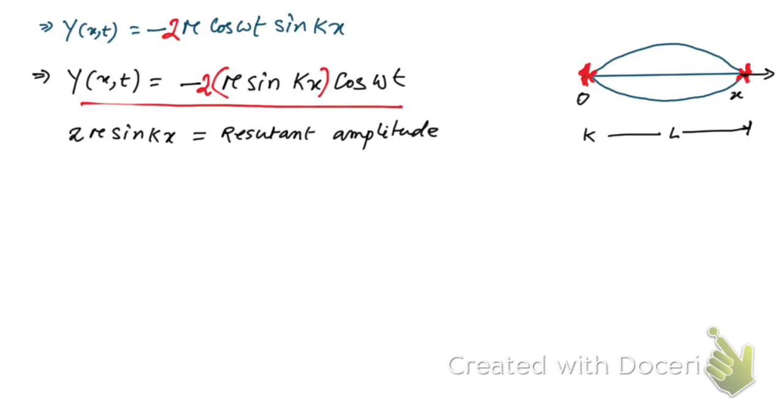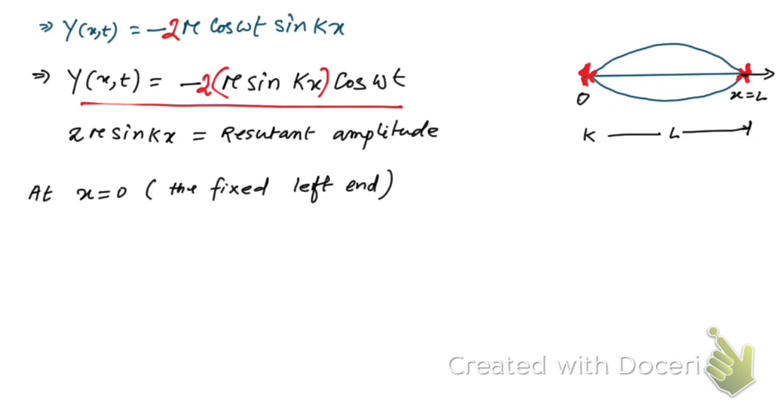Now you see here, at x is equal to 0, that means the fixed end on the left side, if you put x is equal to 0 here, that will be sine 0, which is 0.